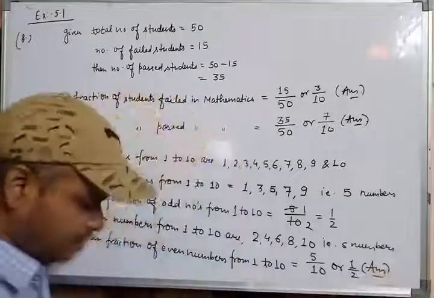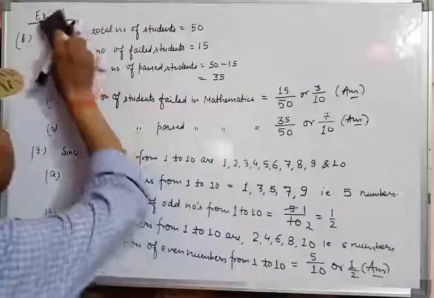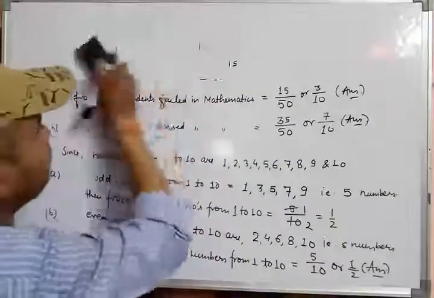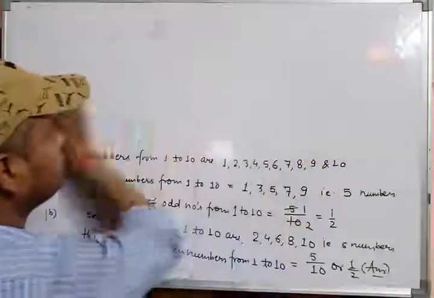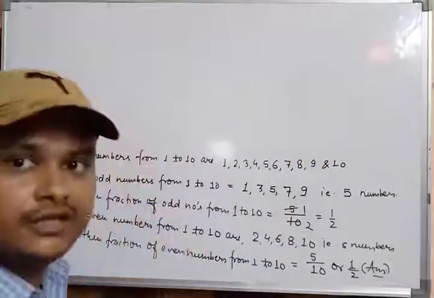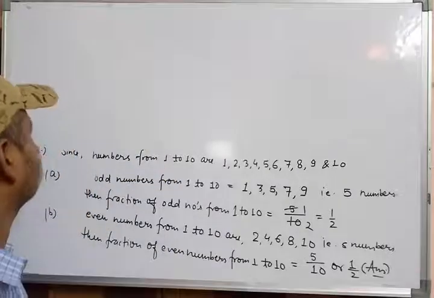This is the answer. In the same way, you have to find the fraction of prime numbers. First of all, you have to find the number of prime numbers from 1 to 10.